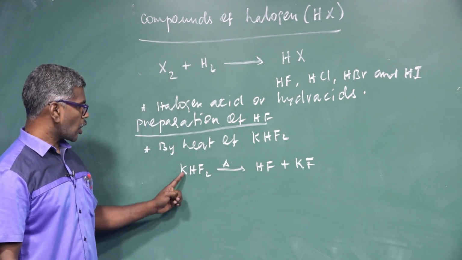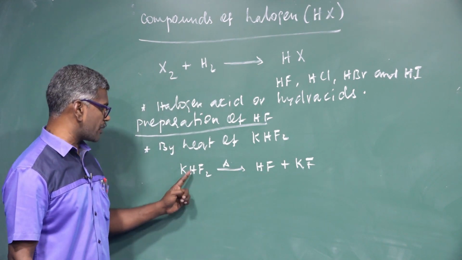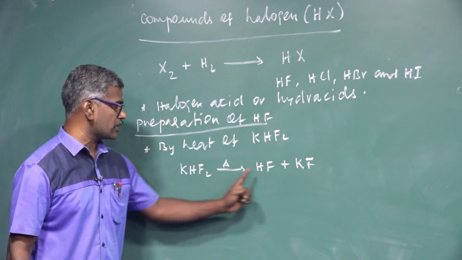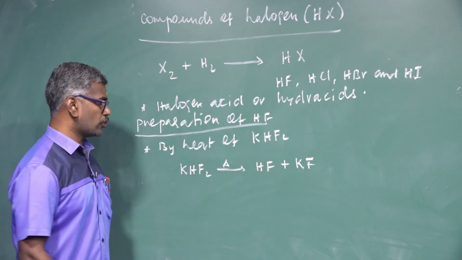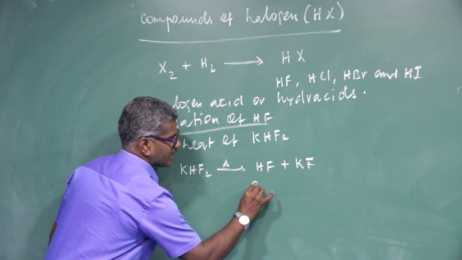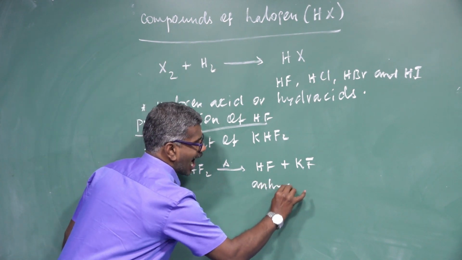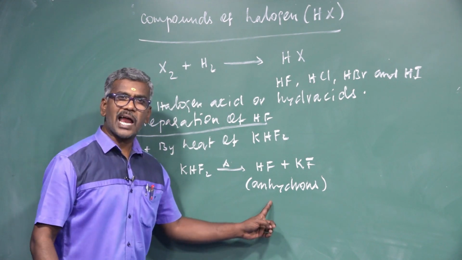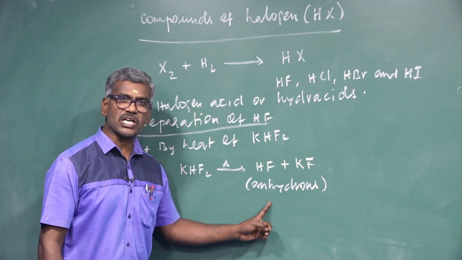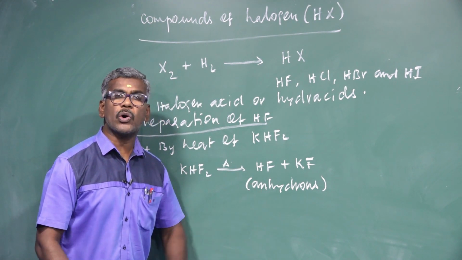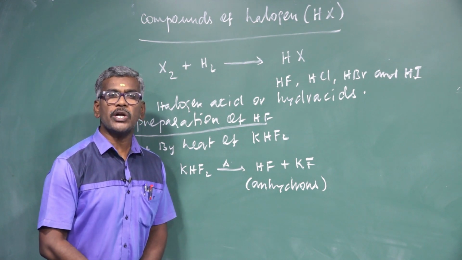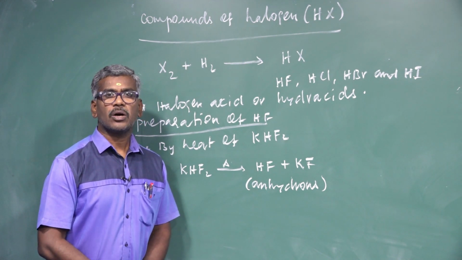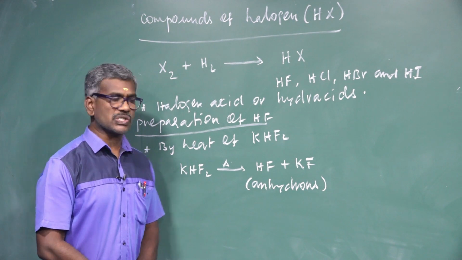Balance the equation: how many potassium? 1 potassium. How many hydrogen? 1 hydrogen. How many fluorine? 2 fluorine. This is formed as anhydrous HF. This anhydrous HF is always stored in well cooled silver, gold or platinum vessels.